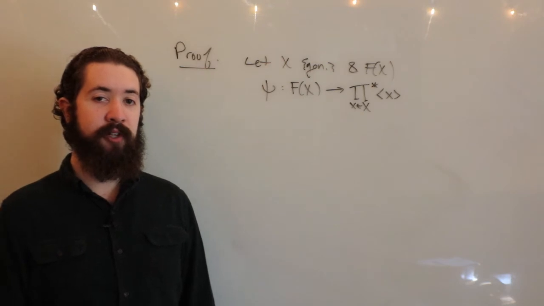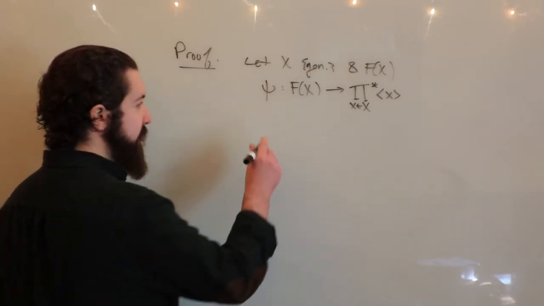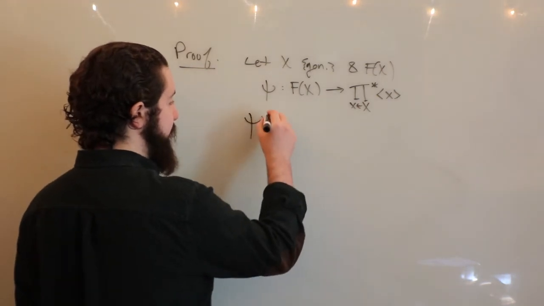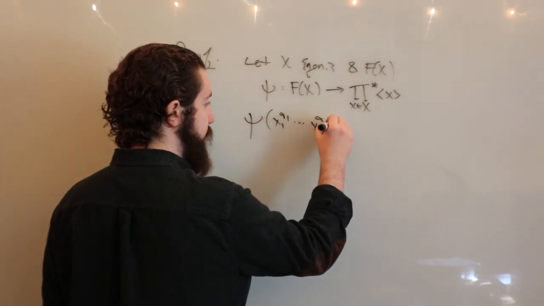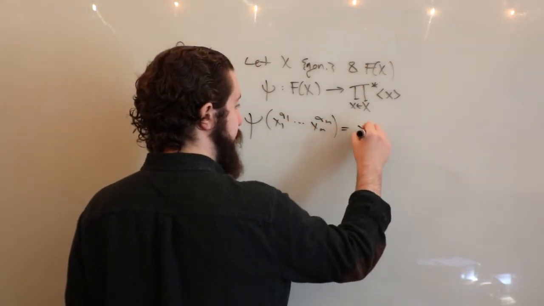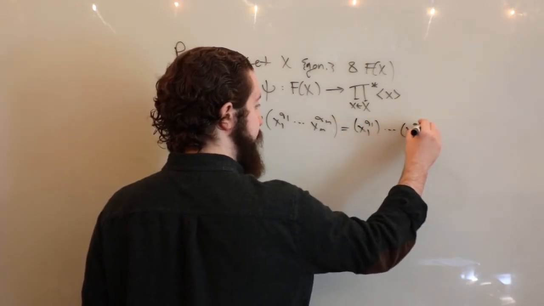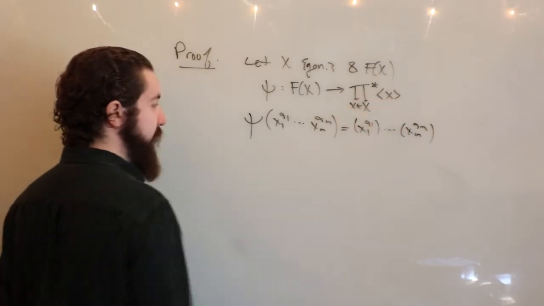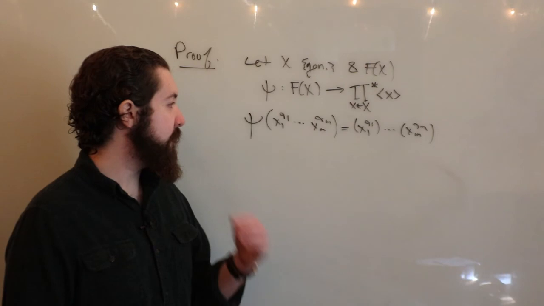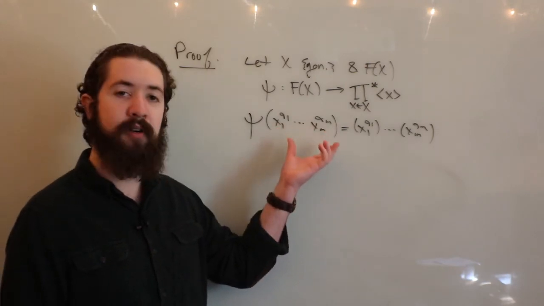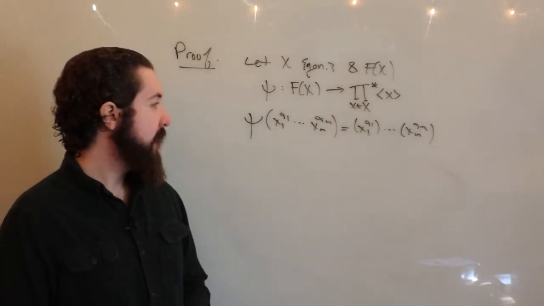Now the last thing we want to show here is that psi is going to be operation preserving. So this is a little bit tricky, but we have psi of a reduced word is equal to, right, where this is understood to be the product in the free product group. Okay, so we have this definition of our mapping psi, except of course when this is the empty word, it gets sent to the empty word in the free product.